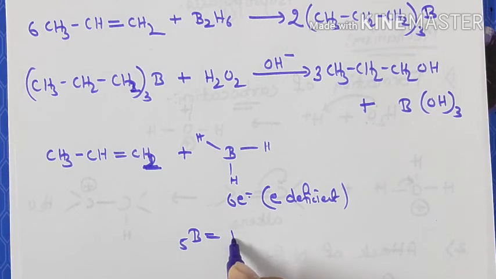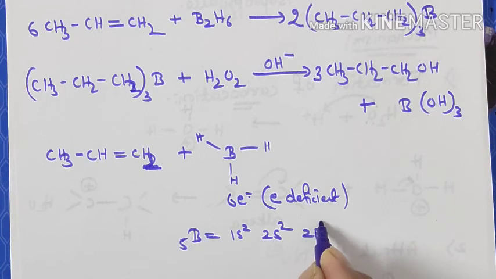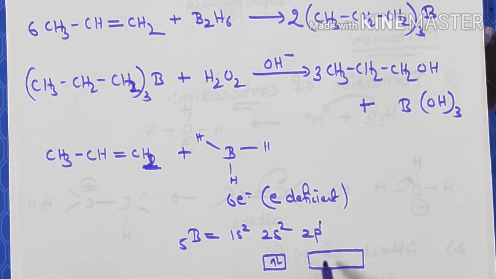If I write the electronic configuration, it will be 1s2, 2s2, 2p1. If I draw the orbitals, 2 electrons here, and here it will be 1. If 1 electron jumps from here and comes right here, now there are 3 unpaired electrons, right?